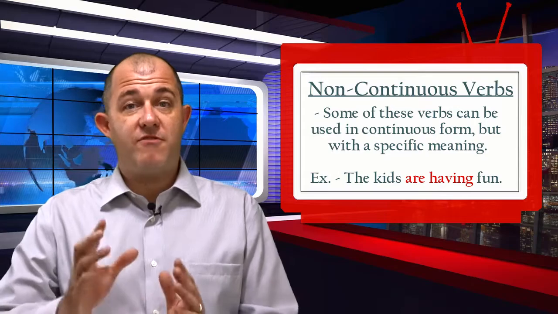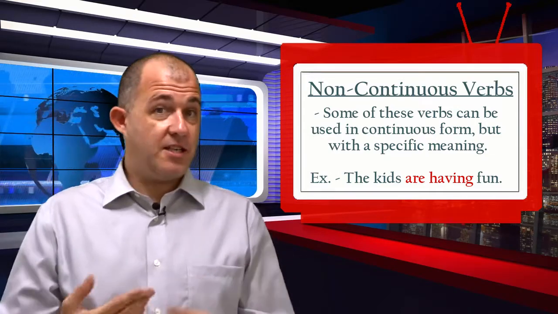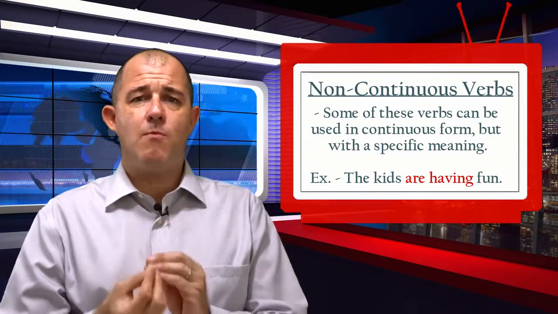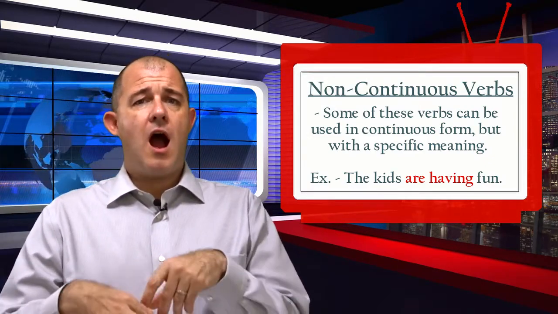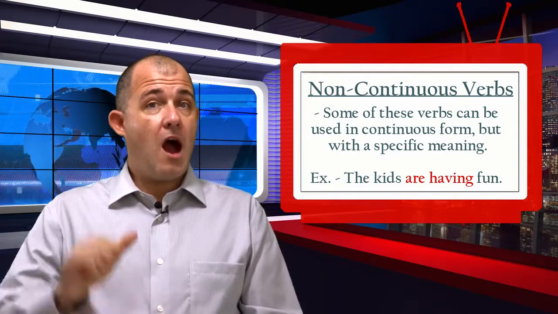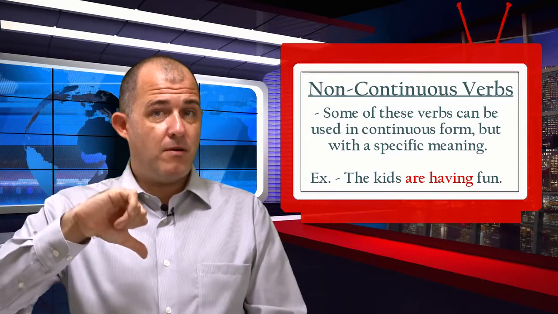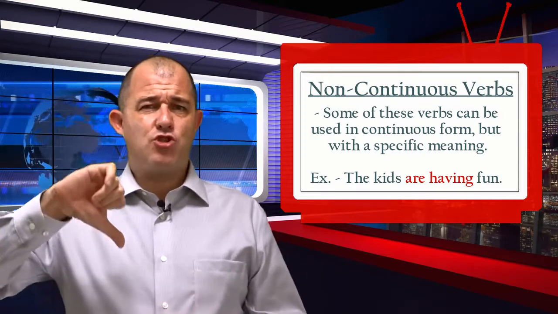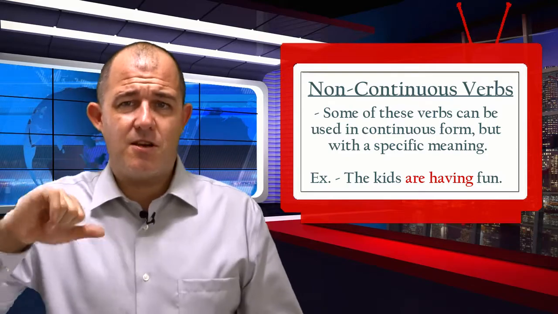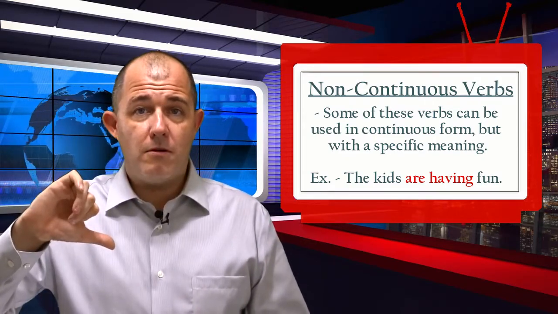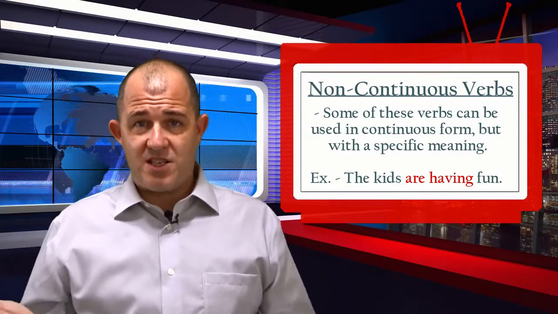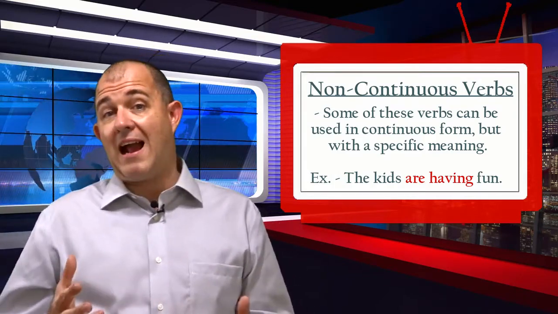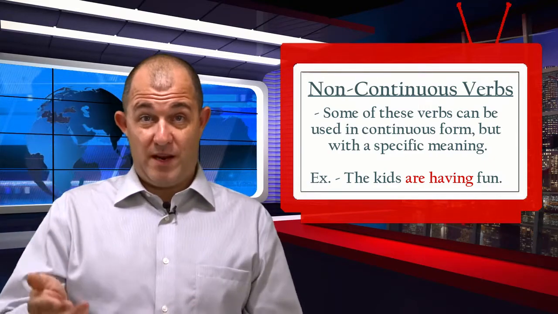So we can use the verb to have in a continuous tense to communicate the experience that someone is having right now. I'm having fun, or I'm having a bad time, or I'm having a great time, or I'm having trouble with my test, or I'm having trouble with my homework. Things like that. It's about the experience of enjoyment or lack of enjoyment in what you're doing right now.